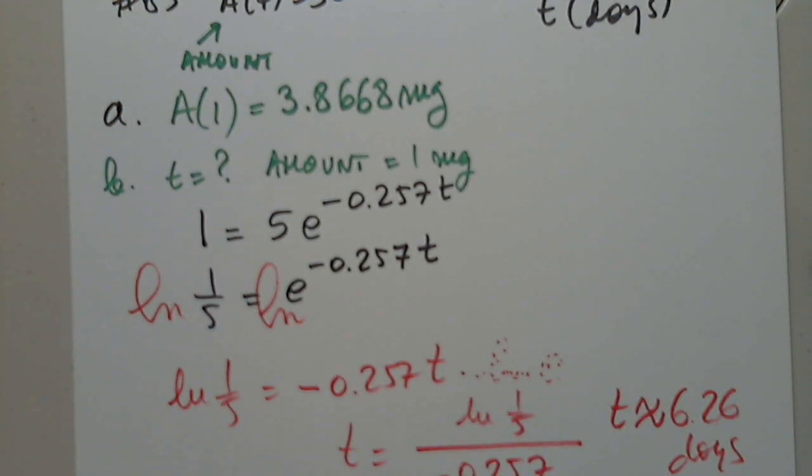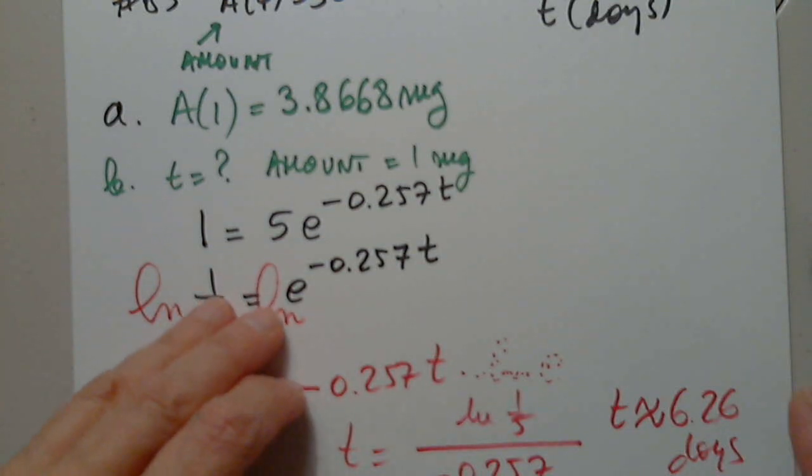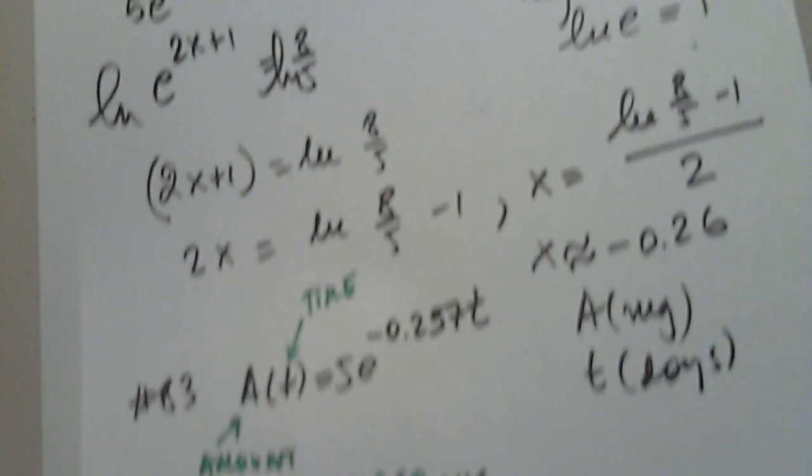After how many days will half of the original amount remain? How do I do that? What is half of the initial? What was the initial amount? 5, good.